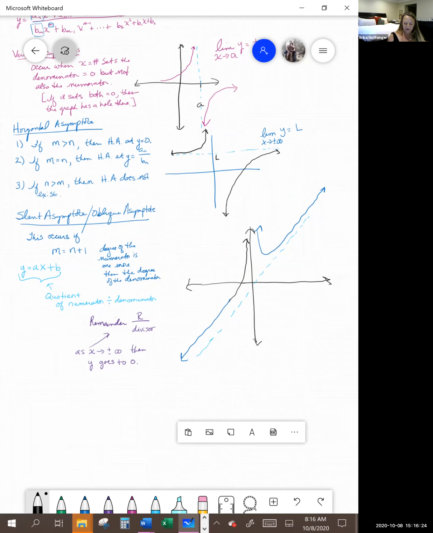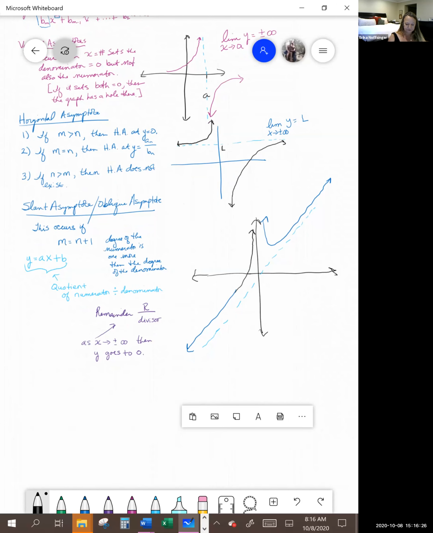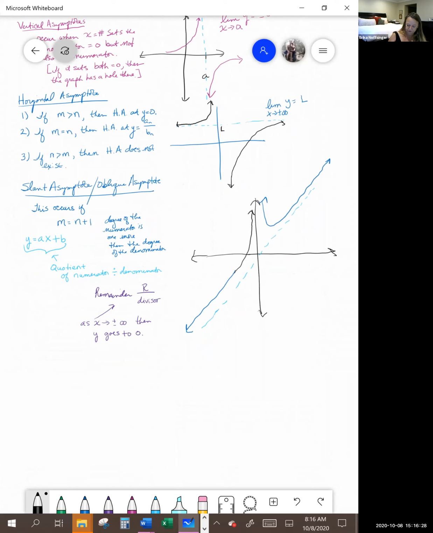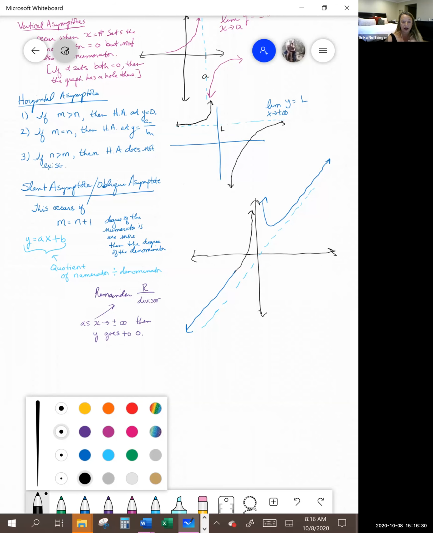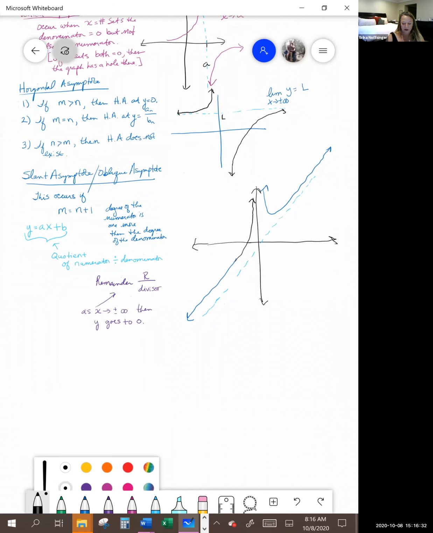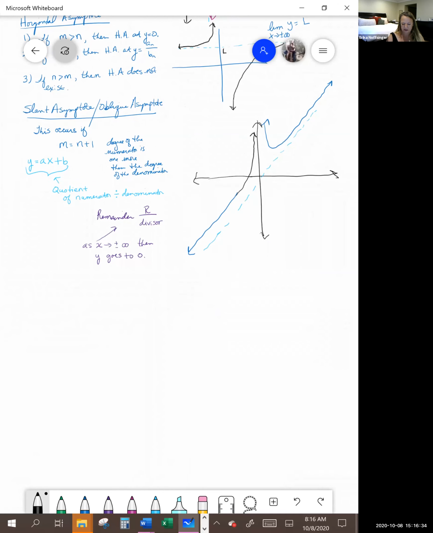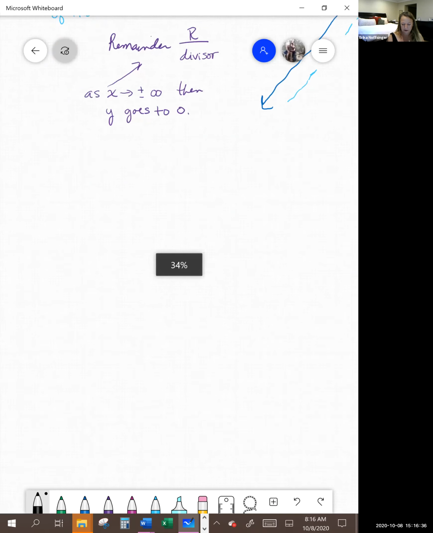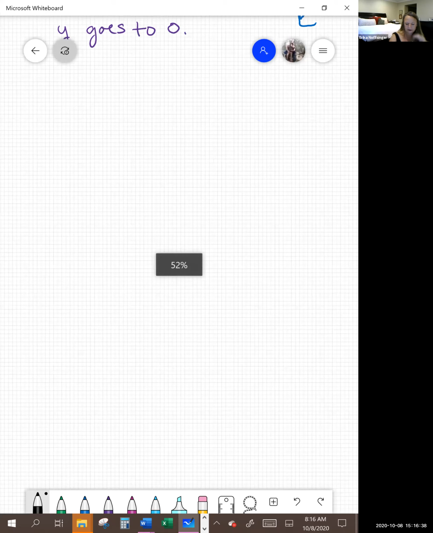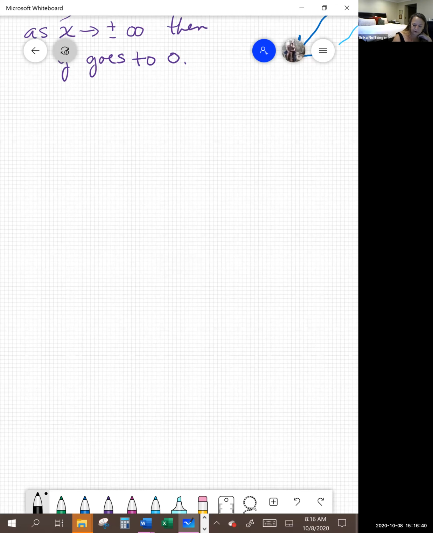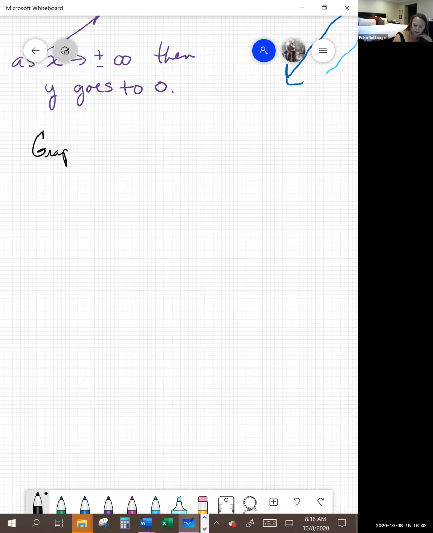Okay, so let's start graphing. Graphing these is not bad at all. Graphing rational functions is actually kind of fun. So the first thing I do when I'm graphing rational functions is I find my asymptotes.